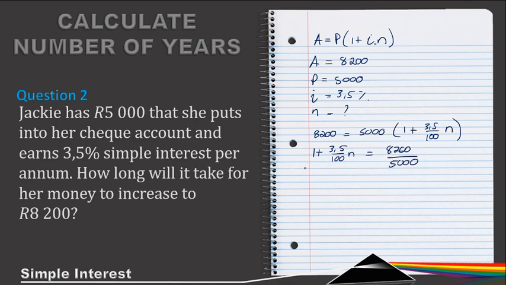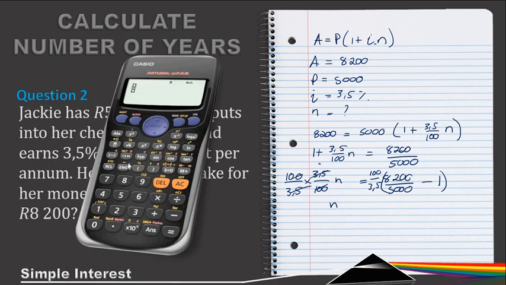And then take the 1 over: 3.5 over 100 N is equal to 8,200 over 5,000 minus 1, and then multiply both sides by the inverse here, which is 100 over 3.5. So both sides get multiplied by 100 over 3.5. Then these two will cancel, and we are left with N. We can just type that into the calculator once again.